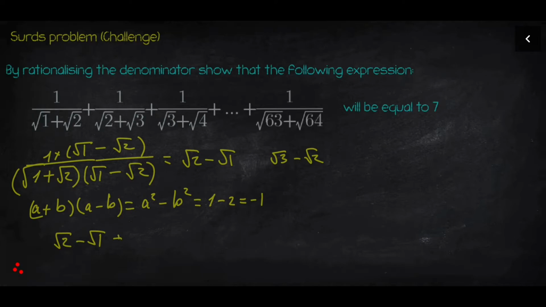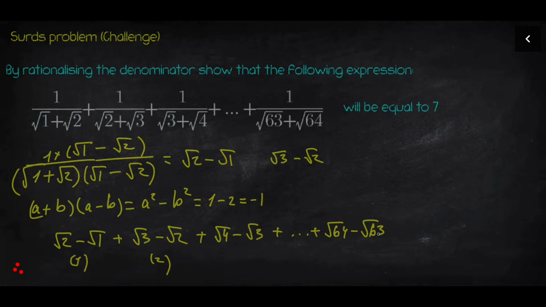Then we add square root of 3 minus square root of 2. So that's the first fraction. This is the second one. And obviously for the third one, you'll get square root of 4 minus square root of 3. And so on. So we continue this process until we reach the final term, which in this case is going to be square root of 64 minus square root of 63.